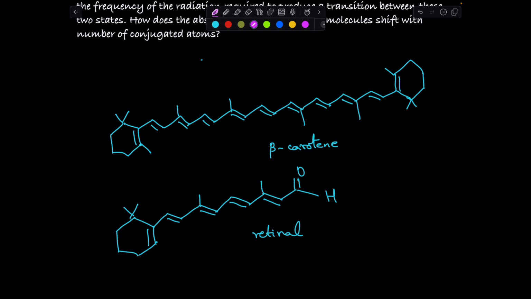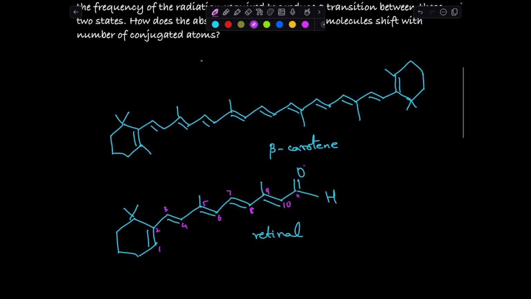If we count the number of conjugated atoms, we can start from here: 1, 2, 3, 4, 5, 6, 7, 8, 9, 10, 11, 12. So there are 12 atoms involved in conjugation and there are 11 bonds.